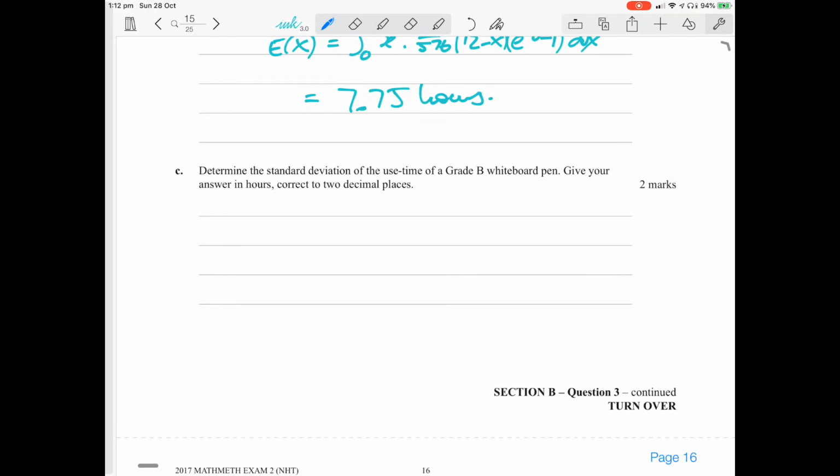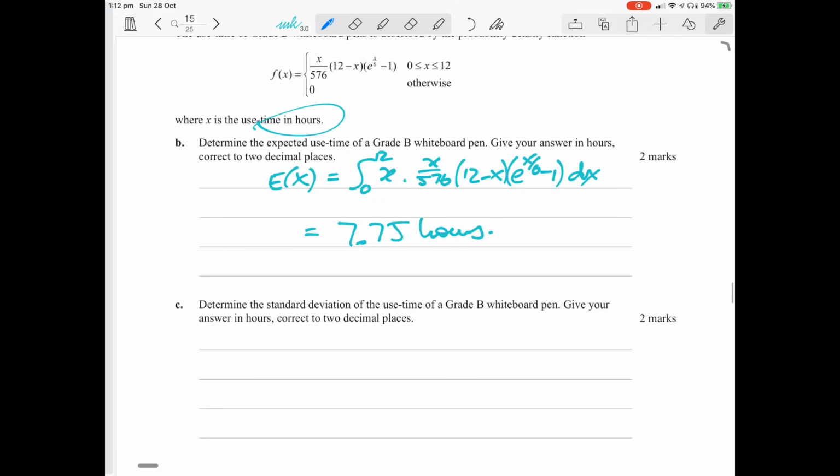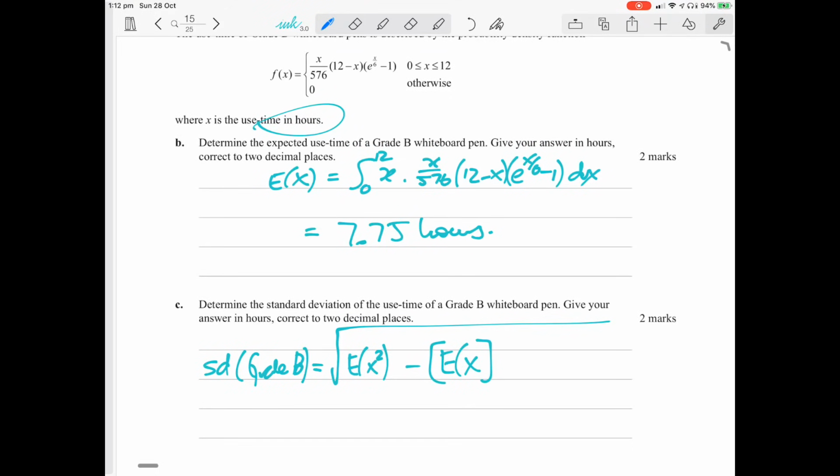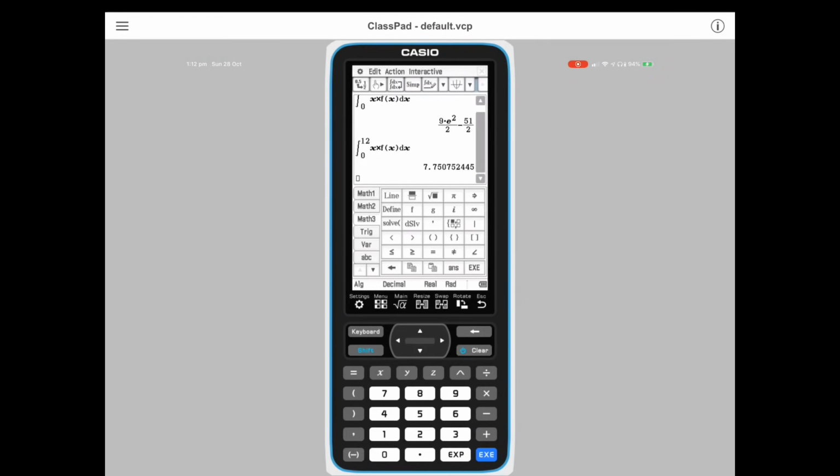Determine the standard deviation for the use time. Okay, the standard deviation, grade B, is the square root of E of x squared minus E of x all squared. Okay, so that is E of x squared.